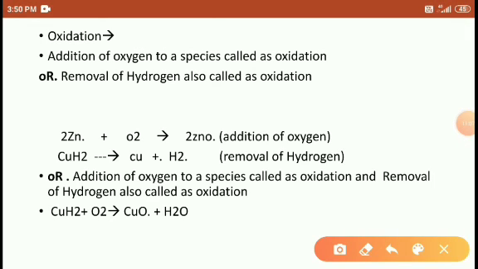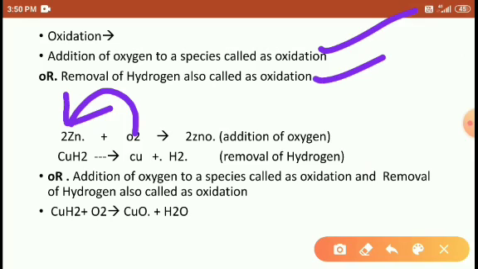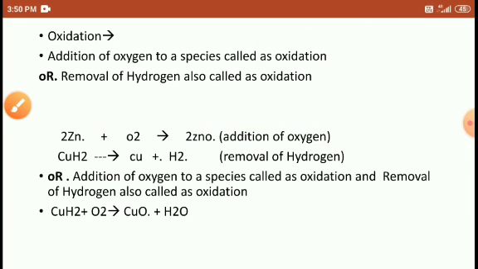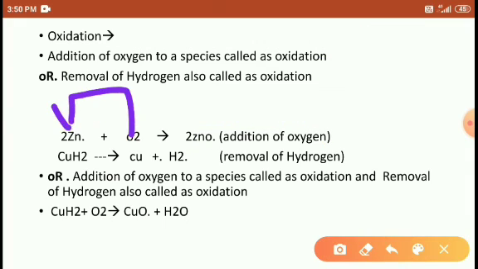So next is oxidation, students. Oxidation has three definitions. The first one: addition of oxygen is called oxidation, or removal of hydrogen is also called oxidation. Let's see them one by one with examples. We are adding oxygen to zinc to form zinc oxide.